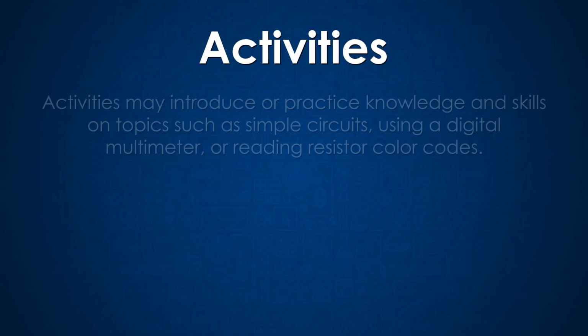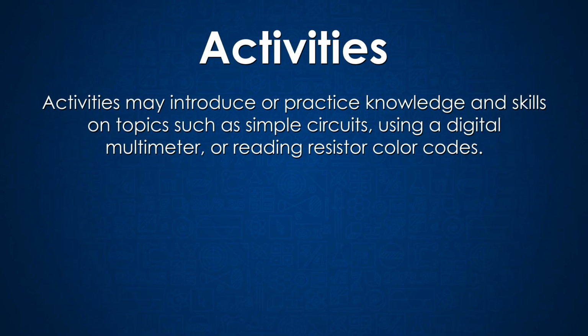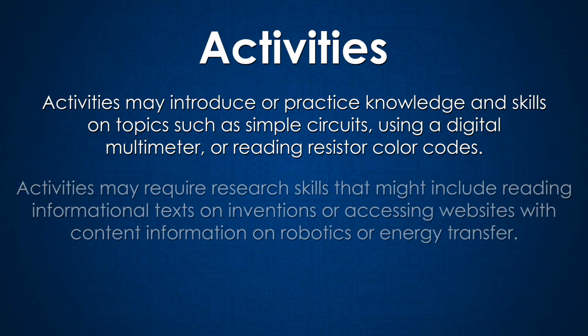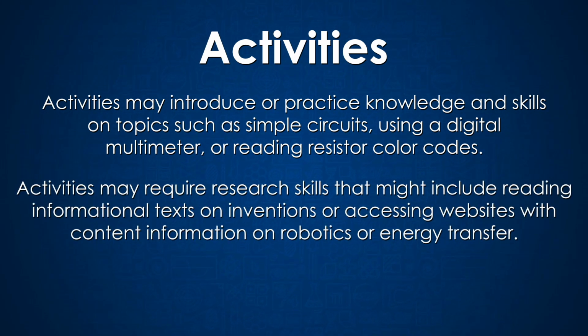To provide context for the nature of activities, consider these examples. Activities may introduce or practice knowledge and skills on topics such as simple circuits, using a digital multimeter, or reading resistor color codes. Activities may require research skills that might include reading informational texts on inventions or accessing websites with content information on robotics or energy transfer.